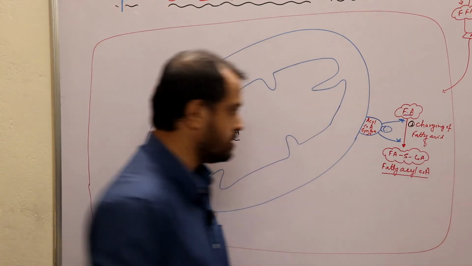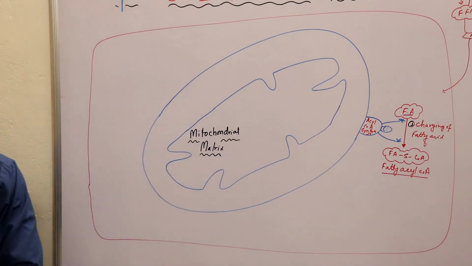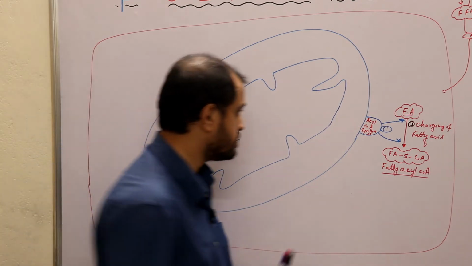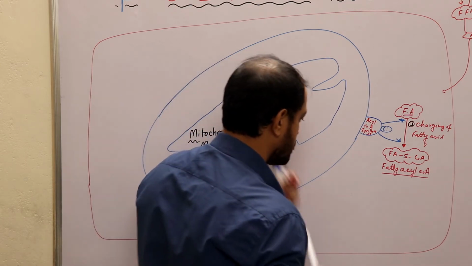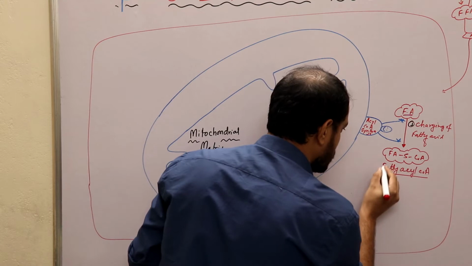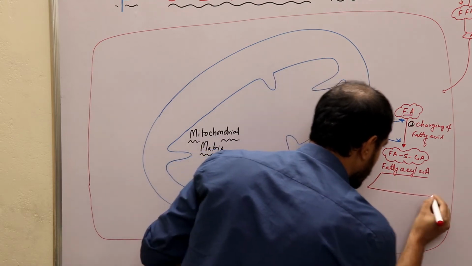Now listen. The second part you need to understand is that this fatty acyl CoA looks like this, okay?